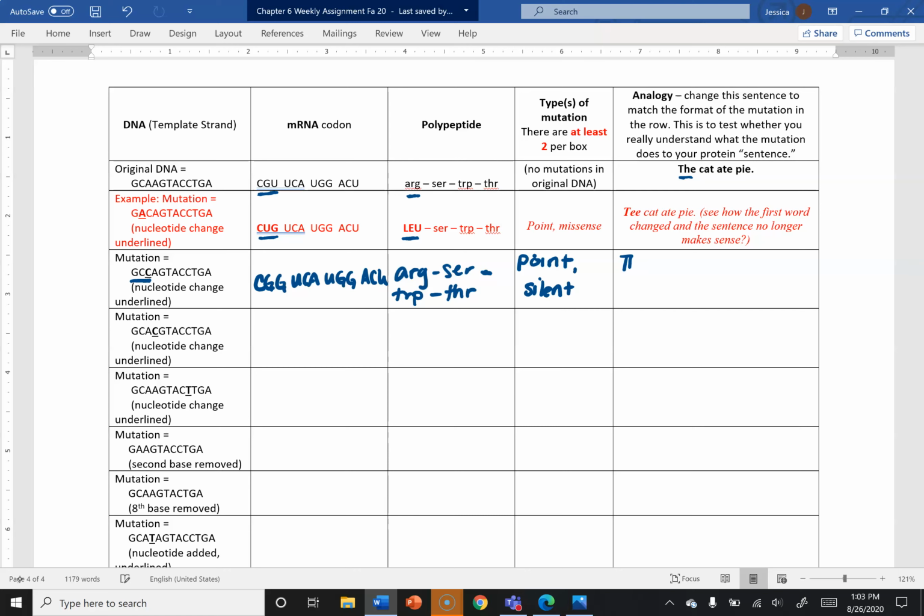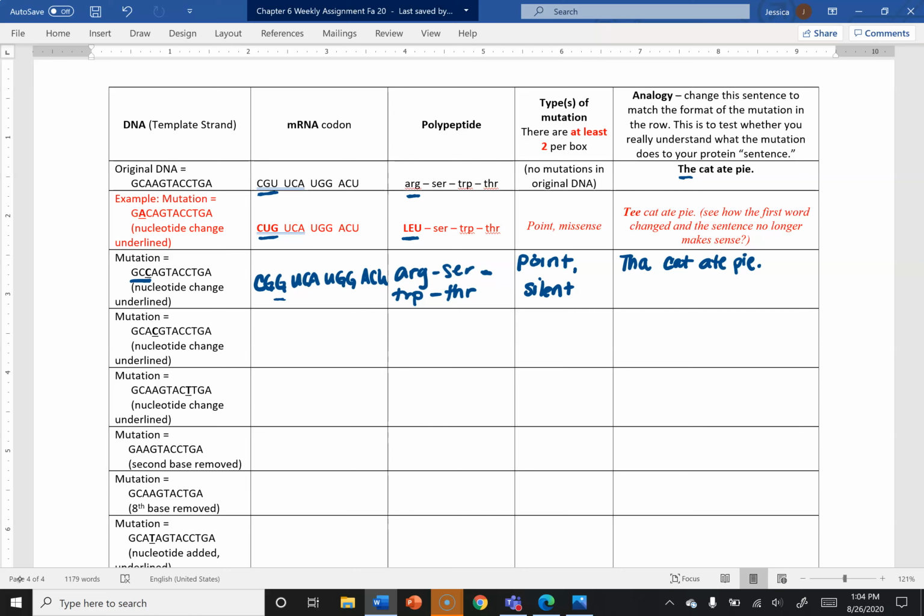The change I make here is changing that E in the to an A, because when you hear it, the cat ate pie and the cat ate pie, you don't know which one you've made because that change is silent. Now I realize that on paper you can see that change, but you can see that change in the mRNA too, and that's okay.